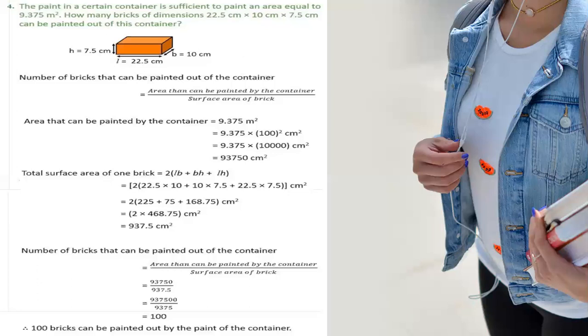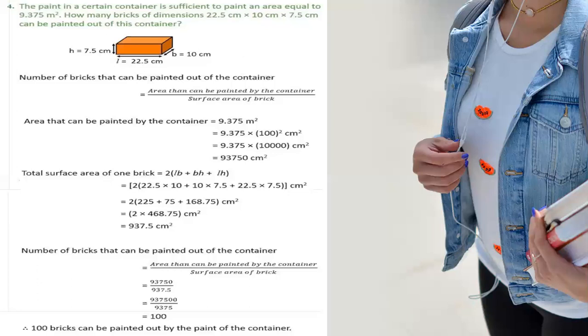Now the total surface area of one brick is 2 of LB plus BH plus LH. Substituting the values of L, B and H, we get 937.5 centimeters square.